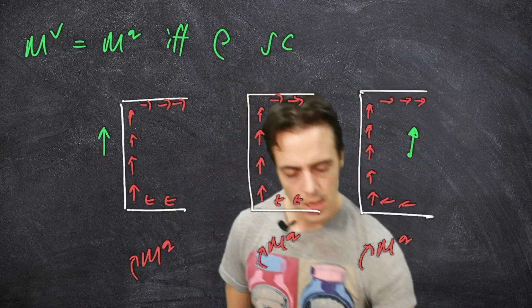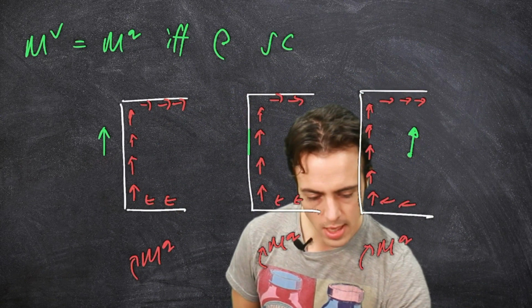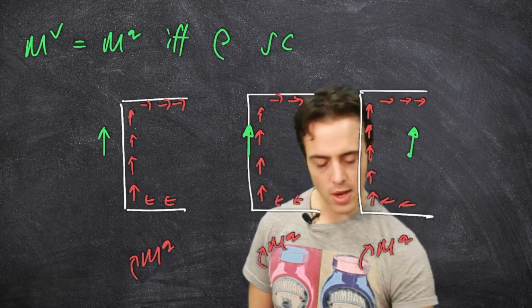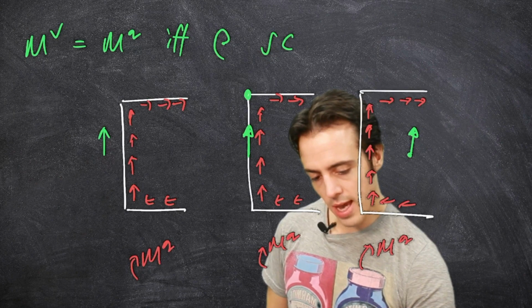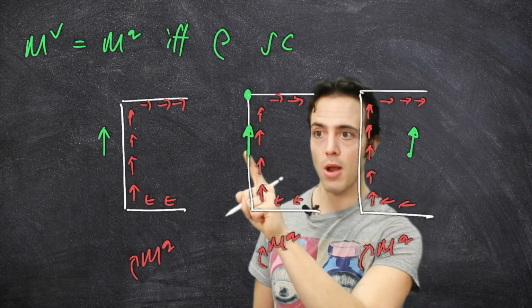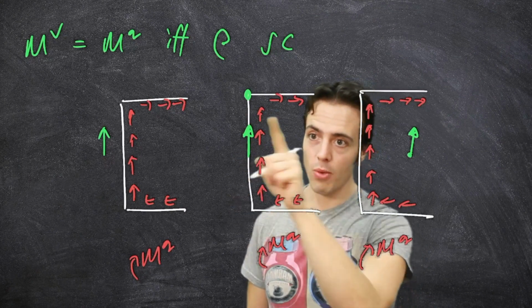Imagine now if I load here exactly at the centroid. If I were to evaluate moments here, I get no moment due to the applied shear force, but I still get a clockwise moment due to this one.